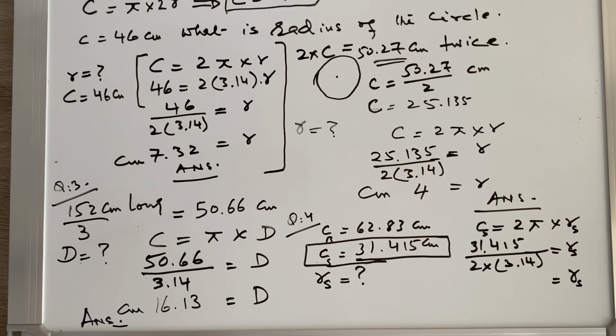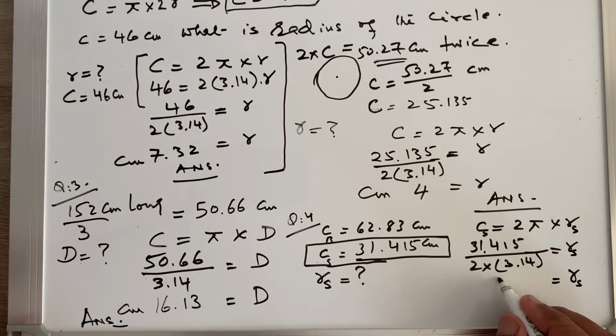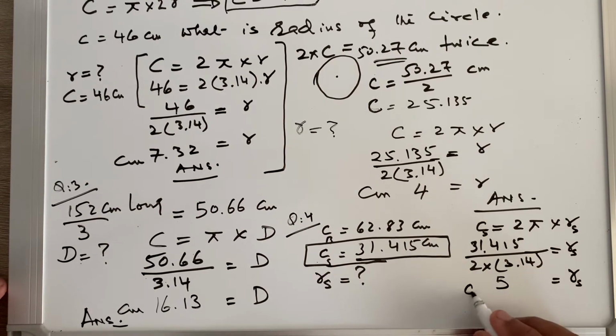Let me check it again: 31.415 divided by 2 divided by 3.14 equals 5. So my radius of the small circle is 5 centimeter.